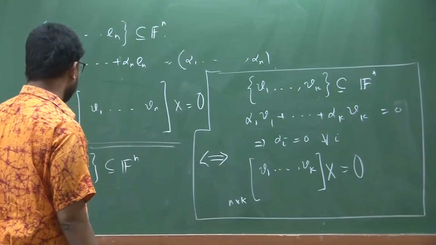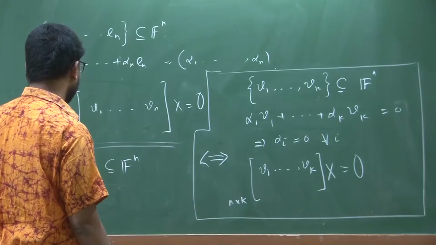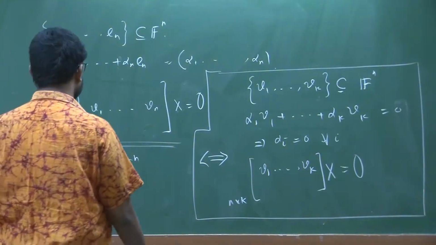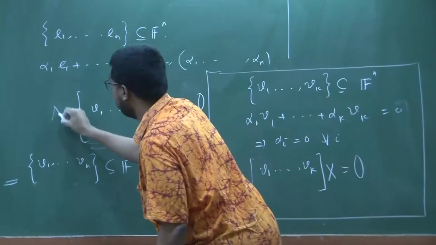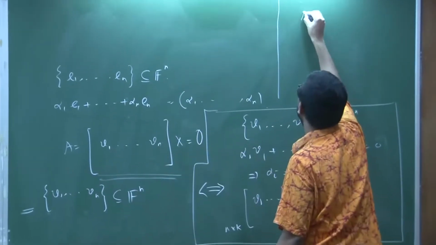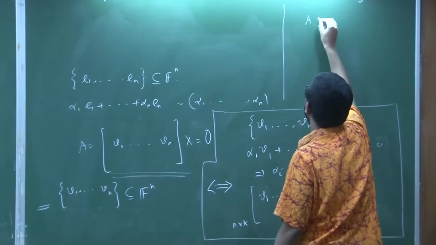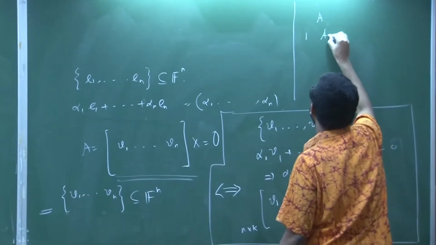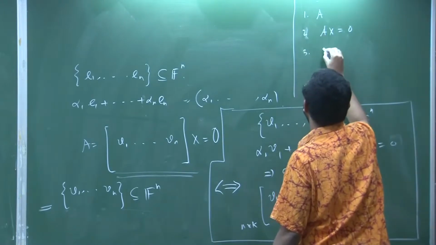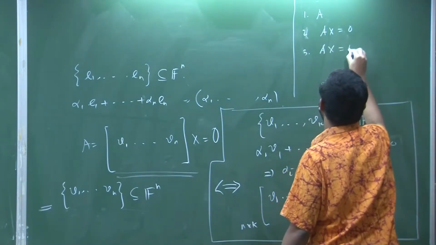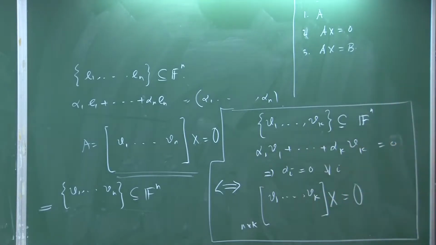So, what was the question I was talking about? The question was regarding spanning. So, if we call this square matrix A, the following things are equivalent: A is invertible, then Ax equals 0 has only the trivial solution, and for every b, Ax equals b has a unique solution. Okay.